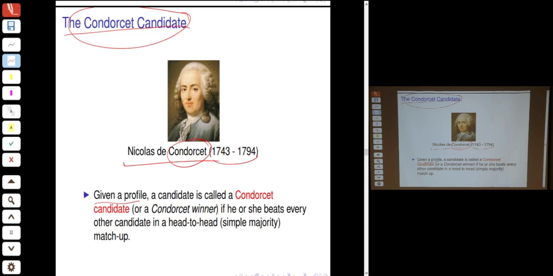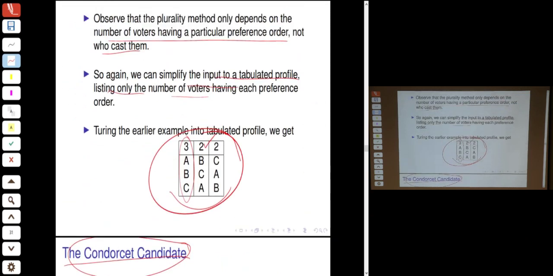Given a profile, a candidate is called a Condorcet candidate or a Condorcet winner if he or she beats every other candidate in a head-to-head or simple majority matchup. So, what you do is as follows. You look at a voting profile like this, and you consider every pair of candidates.